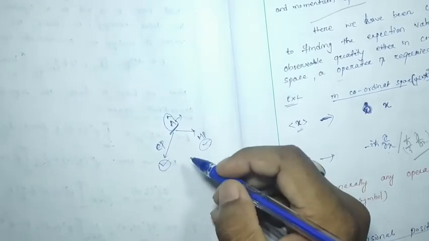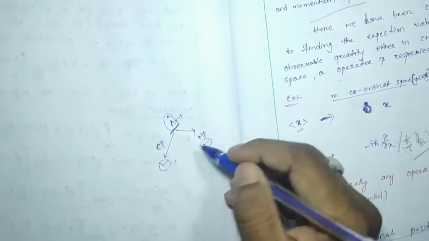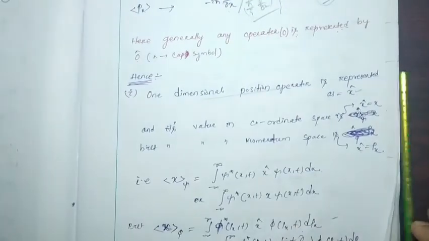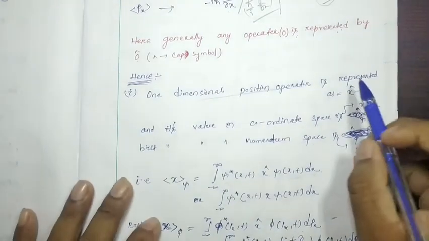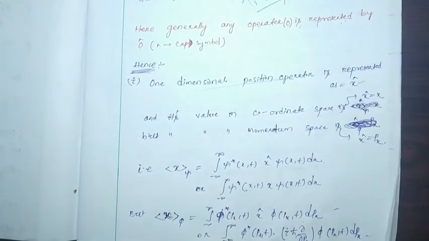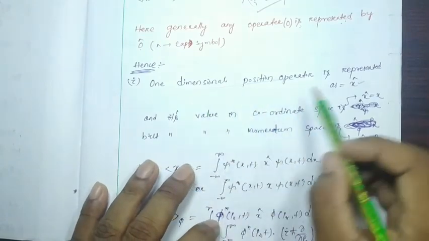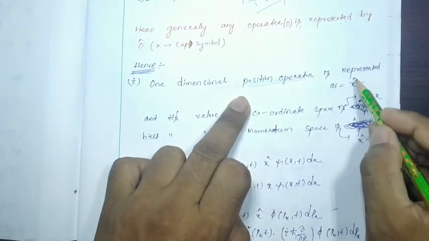Suppose we consider the energy, then it will be the same, and if we consider another physical observable quantity, then it will be different. So now, in one dimension along the x axis, the position operator is represented by x cap.